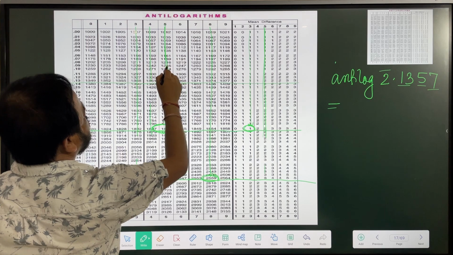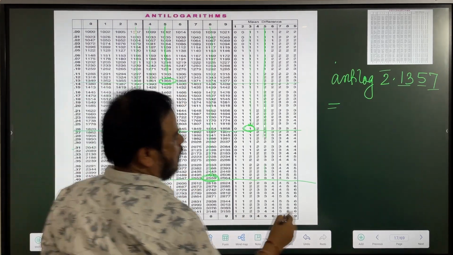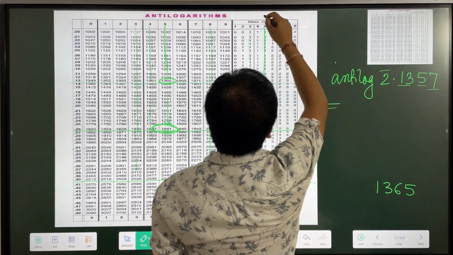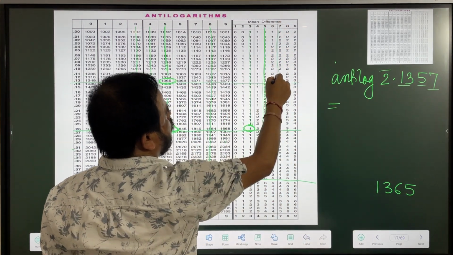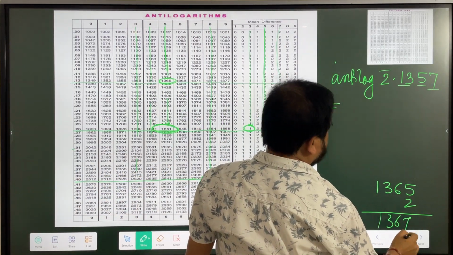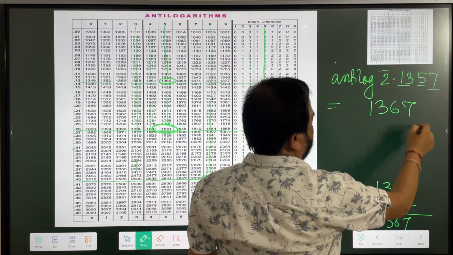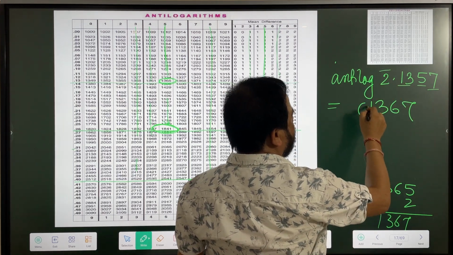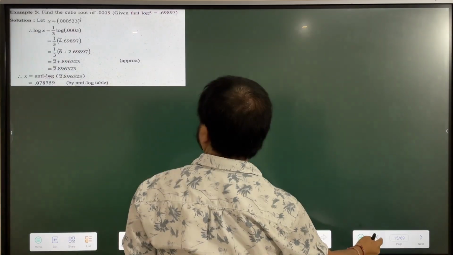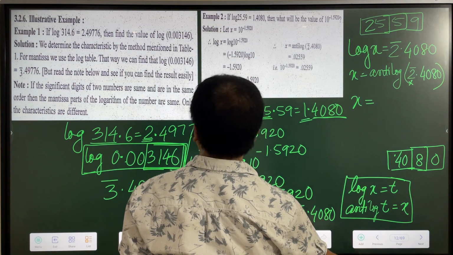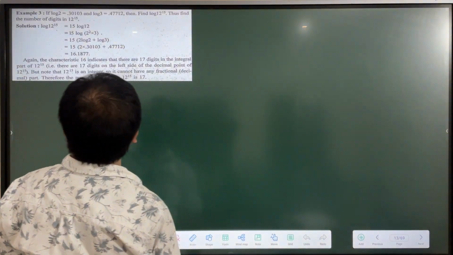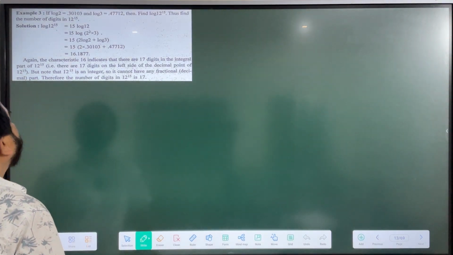So for this 5 line, this is 1365. 135 finished. Now mean difference 7. Just 2 only, everywhere 2 only. So 2. 1367. Why we will add here 1367? Here 2 bar. So we will put 1 0, then decimal. I hope you understand now. This one is done. So antilog of any number you can find out now easily from antilog table.